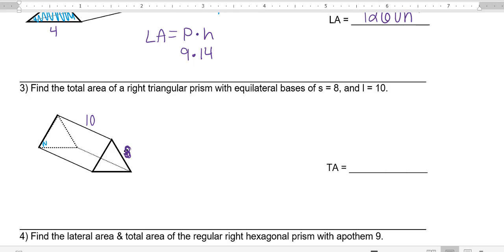So that helps me identify what type of base we have with equilateral bases. Equilateral meaning all sides congruent, which means I have an equilateral triangle. So I'm going to sketch that equilateral triangle out, identify those side lengths, 8, 8, and 8. I can find my perimeter of the base right away, adding up all of those 8s together.